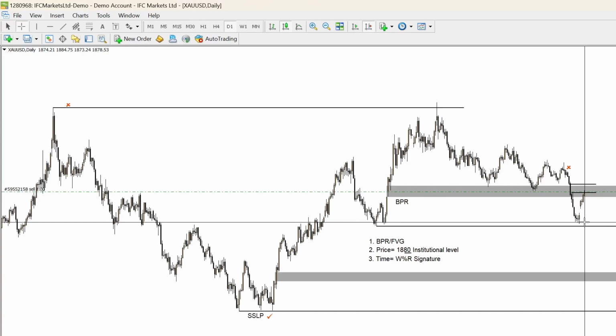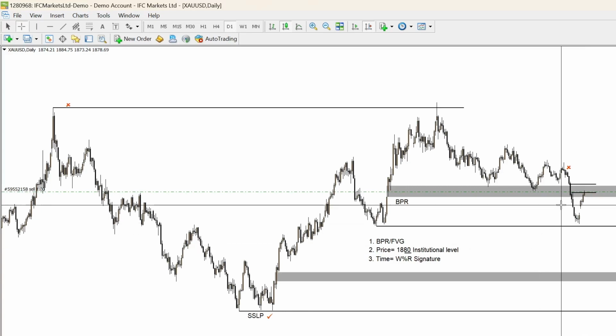We have a 1,350 pip range. It's either going to be 650 pips, 800 pips, or 1,000 pips. That's how much we're going to retrace. It's either one of those three.